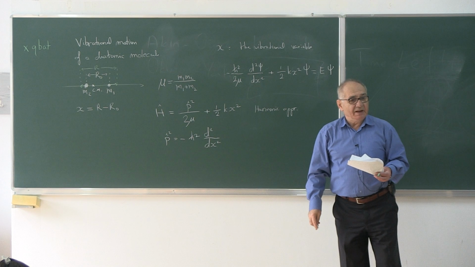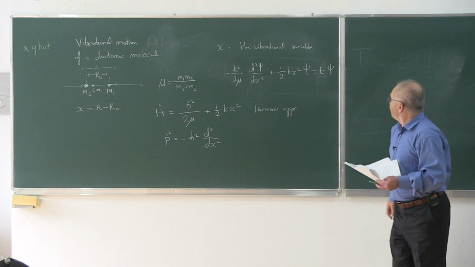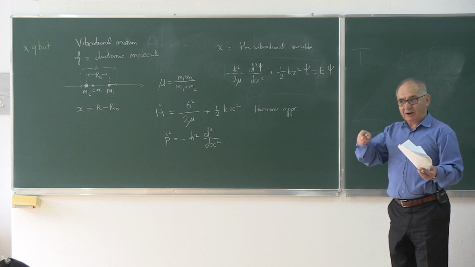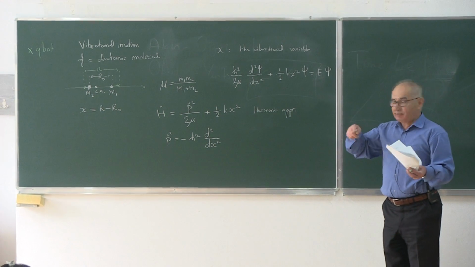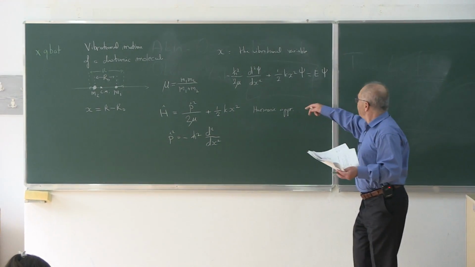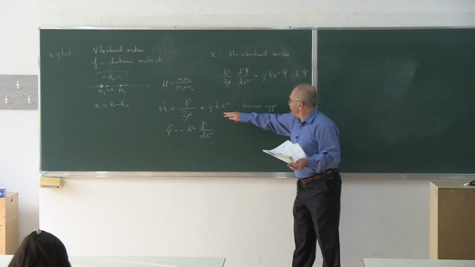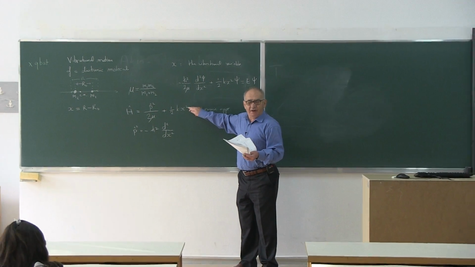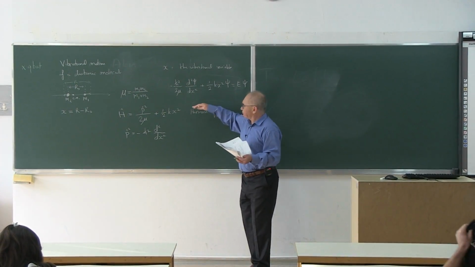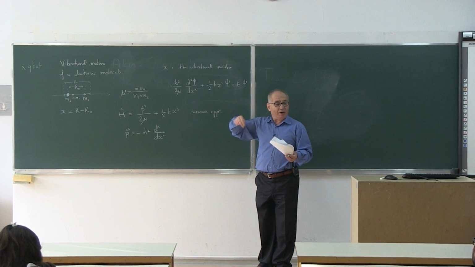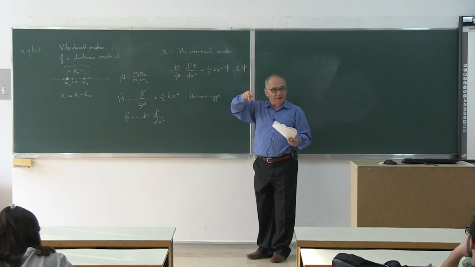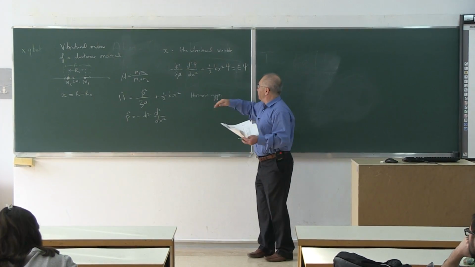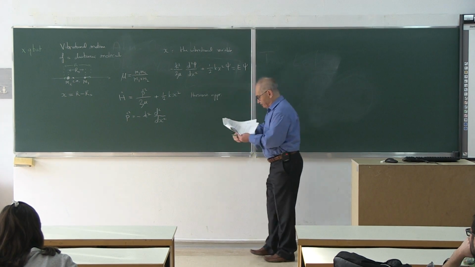This is the explicit Schrödinger equation for the vibrational motion. Please keep in mind that because we have taken the potential energy function up to x squared here, that means we have made the harmonic approximation. The true potential energy function is not exactly a parabola, but we have taken it as a parabola.